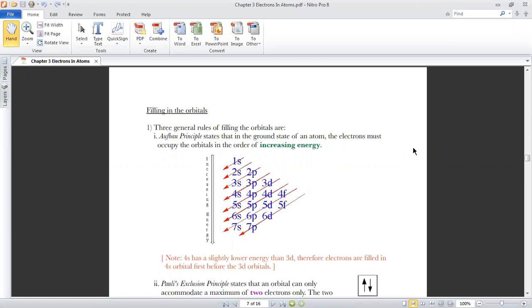The lowest energy subshell is 1s, then 2s, then 2p, then 3s, then 3p, 4s has lower energy than 3d, and then 3d has lower energy than 4p, and then 5s, and then 4d, 5p, and 6s. So either draw this diagram or rote learn the pattern 1s, 2s, 2p, 3s, 3p, 4s, 3d, 4p, 5s, that's good enough.